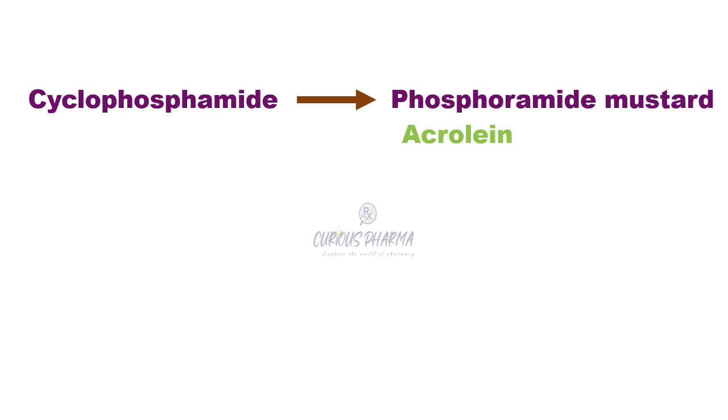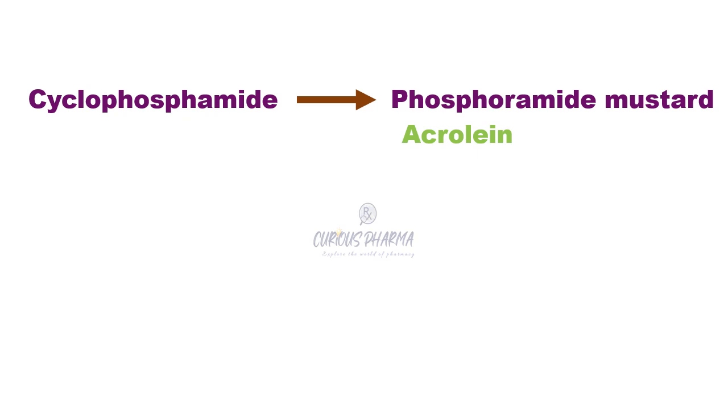Acrolein is known to cause cell damage to the tissues by reacting with proteins, lipids and DNA, which can lead to inflammation, cell death and tissue injury. It is particularly toxic to the bladder, where it can cause hemorrhagic cystitis, a painful and potentially serious condition characterized by inflammation and bleeding of the bladder lining.